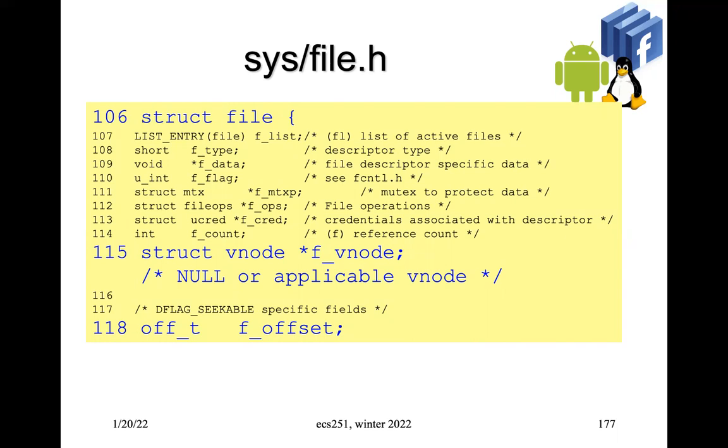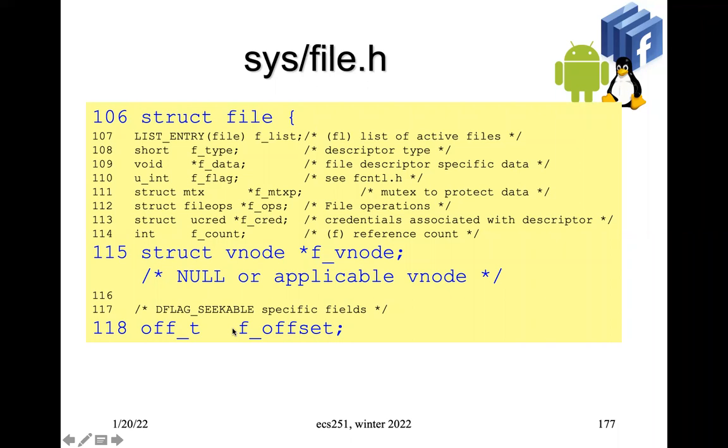If you have done system programming, you might use a function called fseek or lseek, S-E-E-K, which allows you to move the pointer from the beginning to a certain location, and when you move that, you're setting up the f_offset. So that's one part.